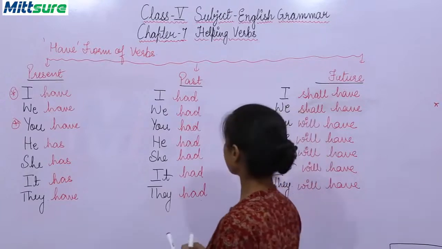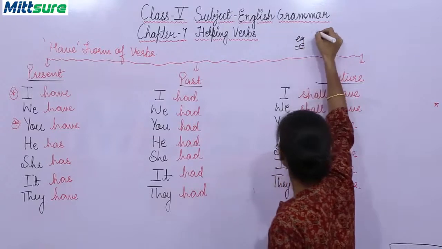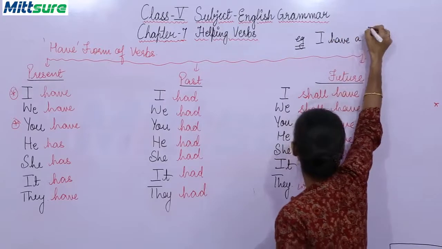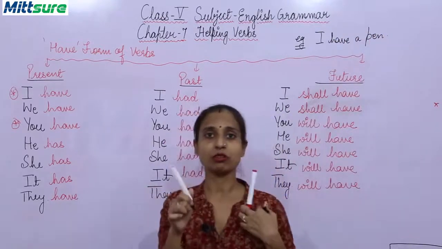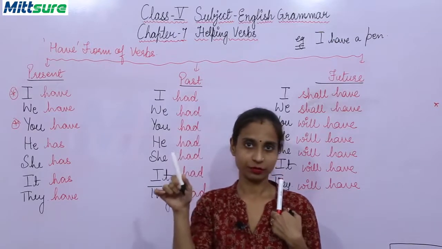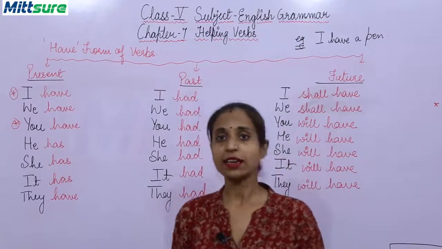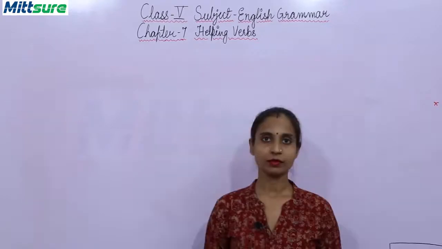Example, you can take an example for have form of verbs. I have a pen. That means this pen belongs to me. It is in my possession. Fine.